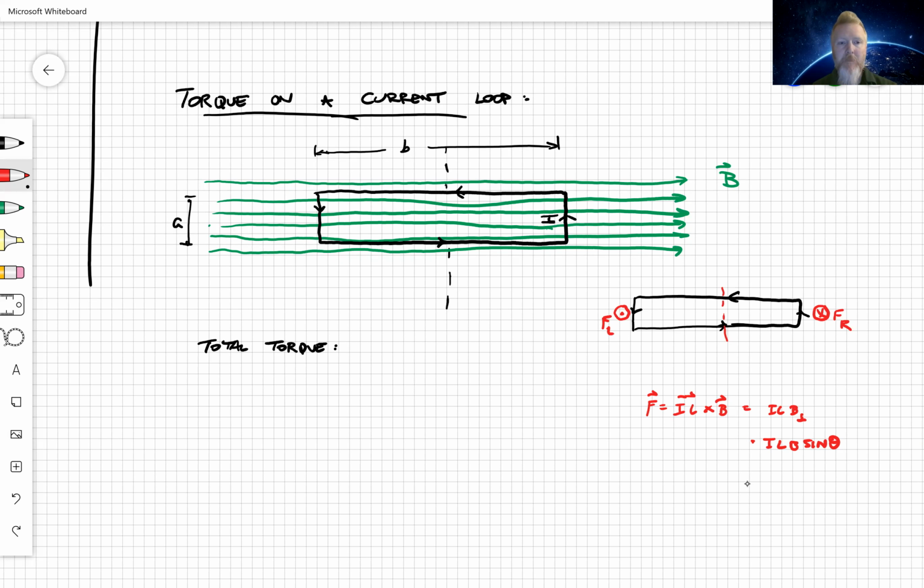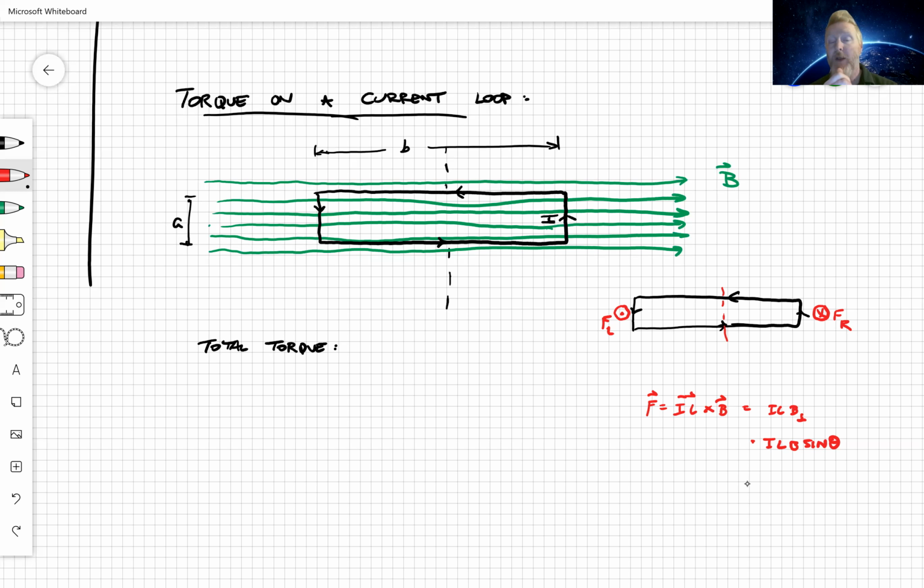All right. And this is essentially the underpinnings of the DC motor. Your challenge, if you wish to make a DC motor, is to realize that as the current loop spins around, you have to reverse the directions of the current.